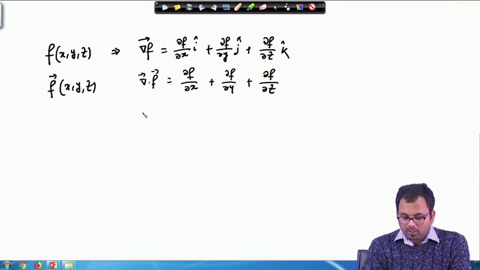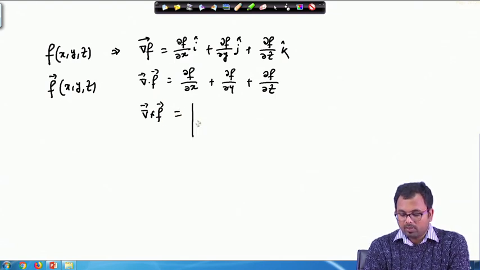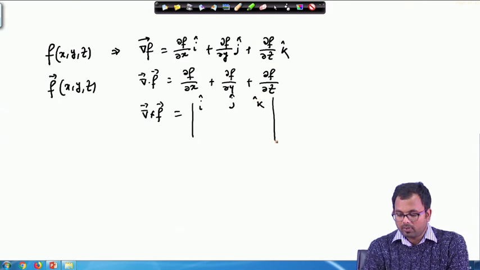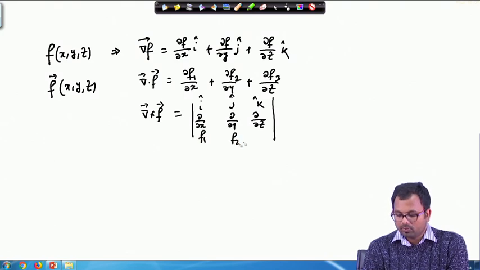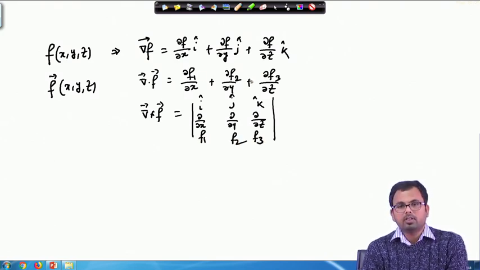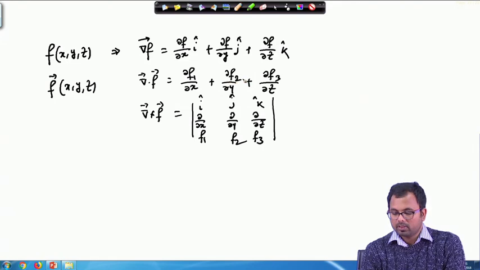And if we take the cross product, then this can be calculated as the determinant with rows i, j and k; del del x, del del y and del del z; and f1, f2, f3. Of course a vector function has three components, so we write it in this way.